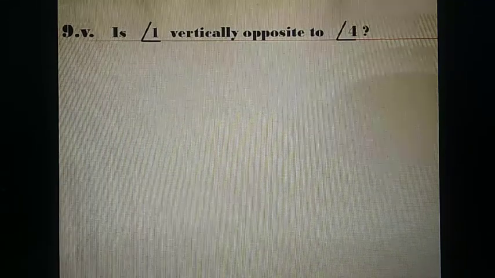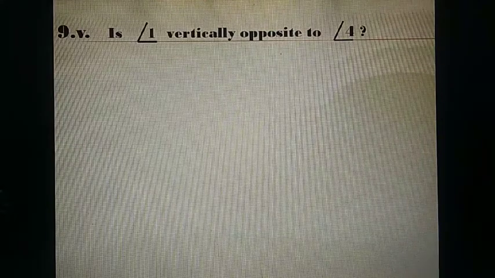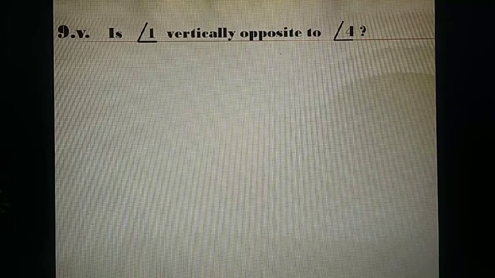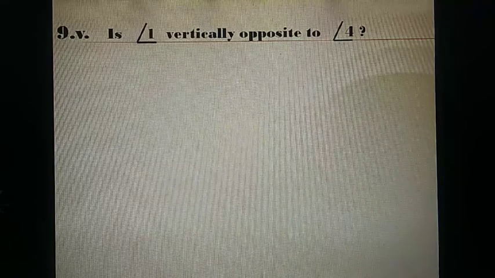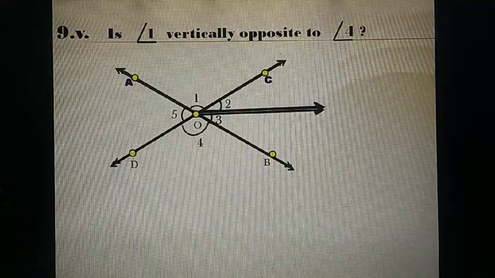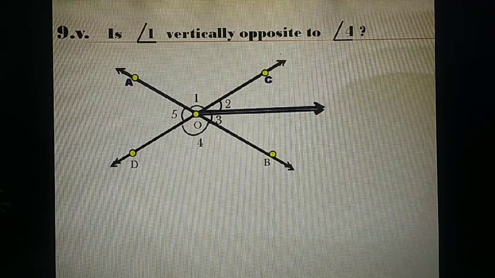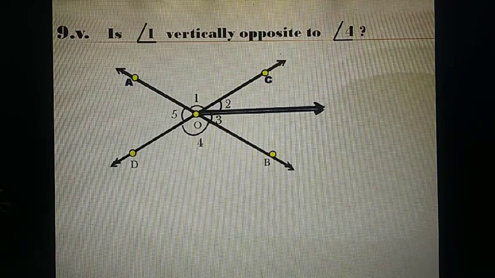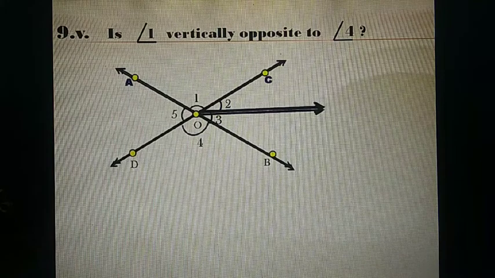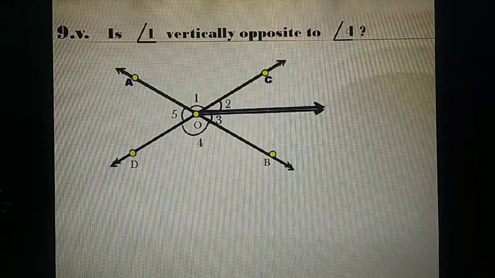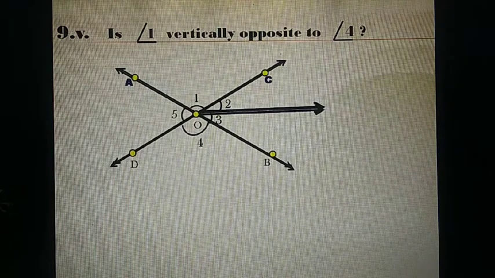Next, we are supposed to check whether angle 1 and angle 4 are vertically opposite angles or not. Now to check the vertically opposite property, there should be two lines which are intersecting each other at a particular point. So first you will trace the two lines which are forming an X or which are intersecting at a particular point.